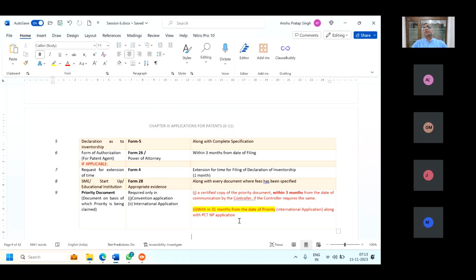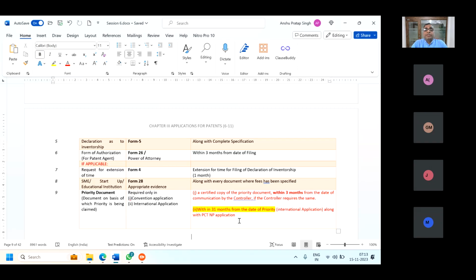Now, the priority document. The priority document is also filed, but it is relevant in only 2 conditions: when it is a convention application or an international application. In a convention application, we also refer to the priority document as the base document. For the base application, a certified copy of the priority document has to be provided within 3 months from the communication of the controller, if the controller requires it.